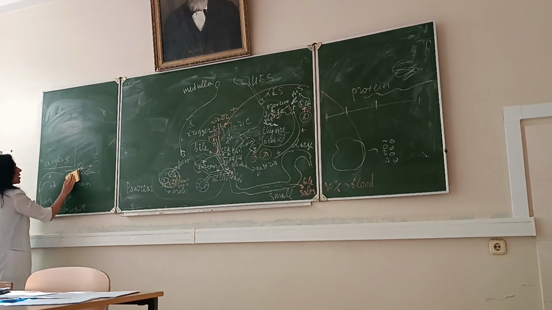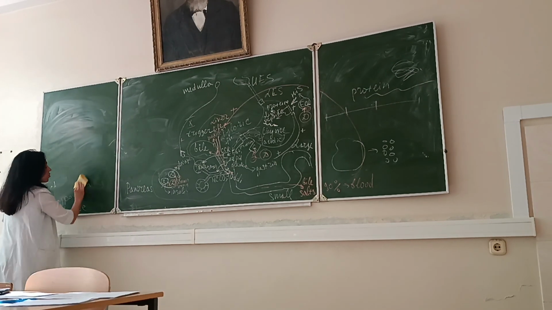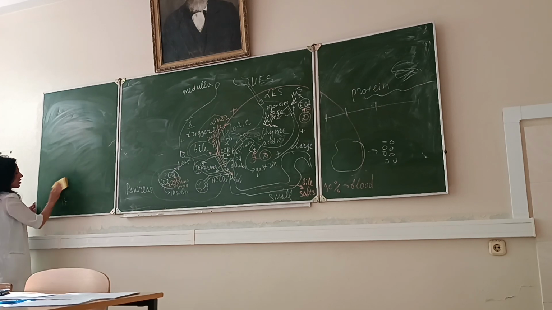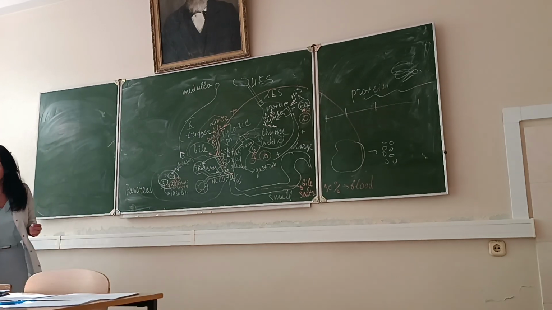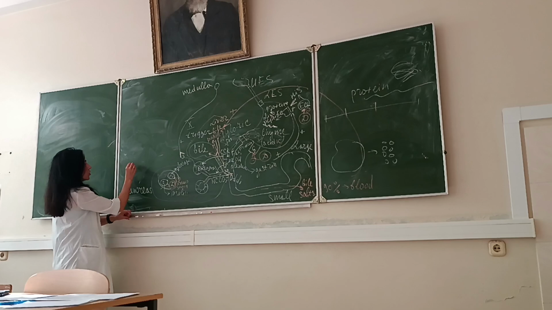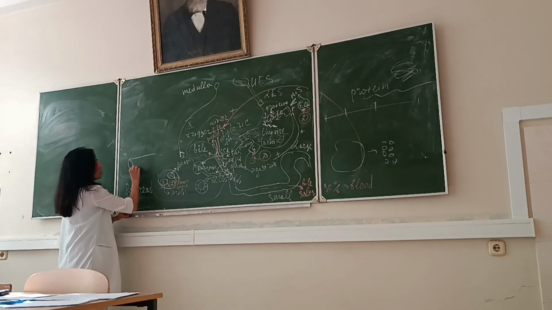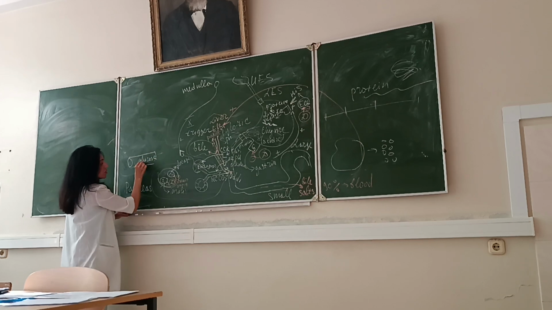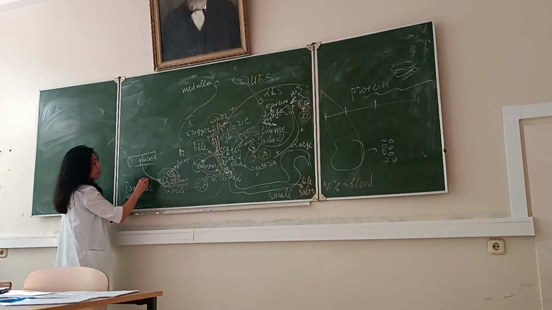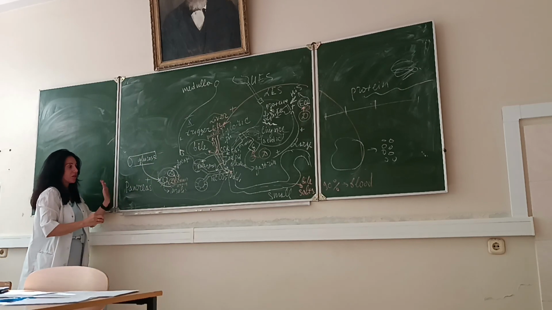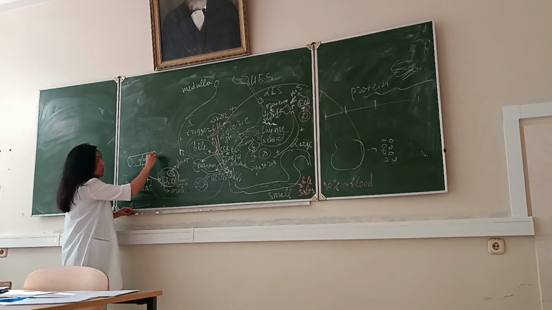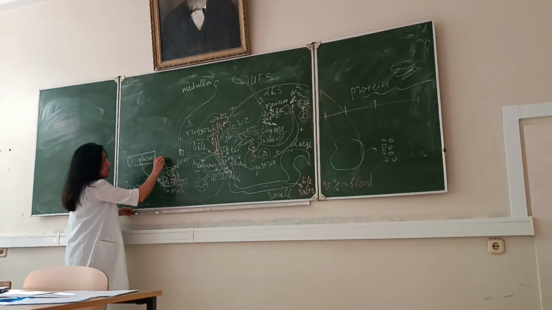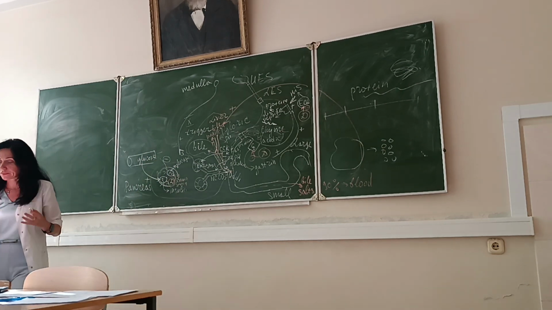Increased glucose concentration in the blood. And glucagon. So glucose stimulates the production and release of insulin and inhibits glucagon release. The opposite effect.